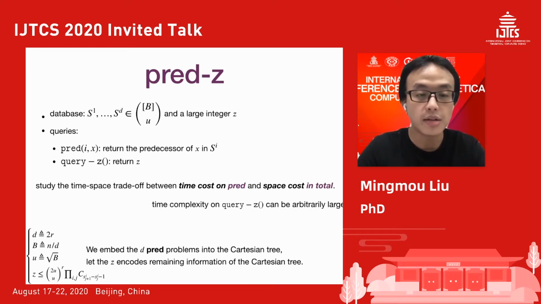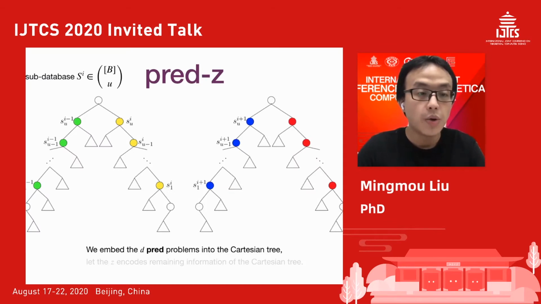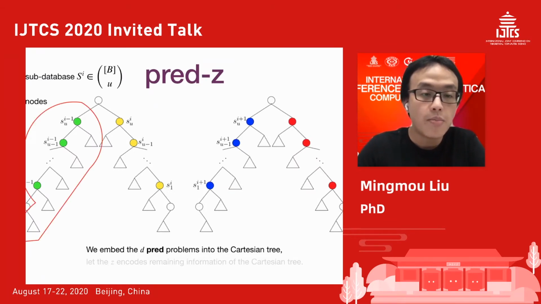We then embed the database of pretty Z into the Cartesian tree to reduce it to RMQ. We group the subproblems into pairs. One pair of subproblems is embedded into a small tree which has 2B plus 3 nodes.